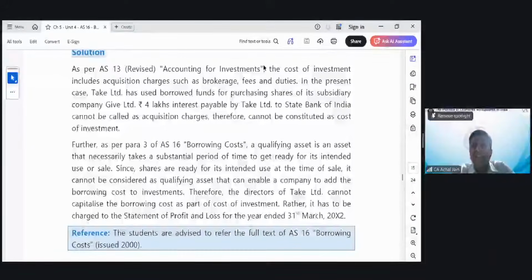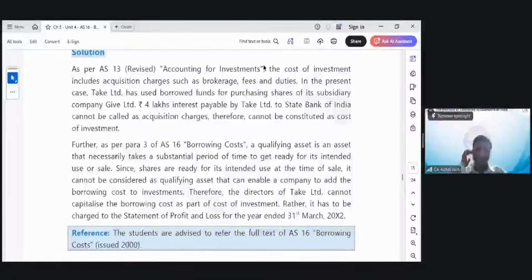So in this case, when the shares of a company are acquired, do we have anything in terms of its process wherein it will get completed? No, the moment you purchase the shares, those are there. There's nothing for you to construct, to manufacture, to get this ready. It's already ready the way it's required to be.